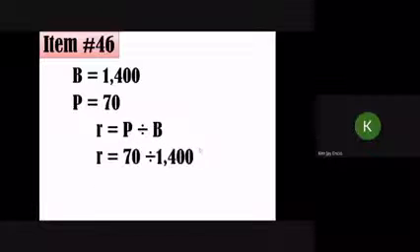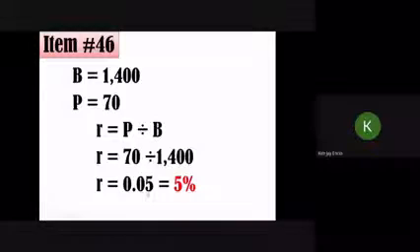So 70 divided by 1,400, and simplifying will give you 1/20, or 0.05. Remember, we have to convert this to percent. To convert a decimal value to percent, you multiply it by 100, or move the decimal point 2 places to the right. So it's 5%, letter A.